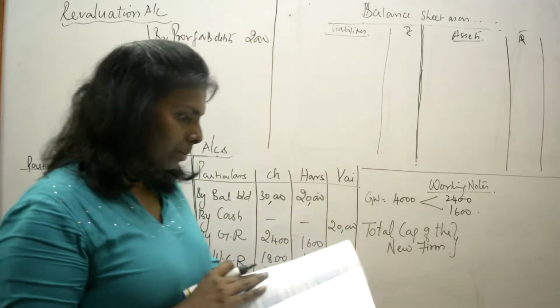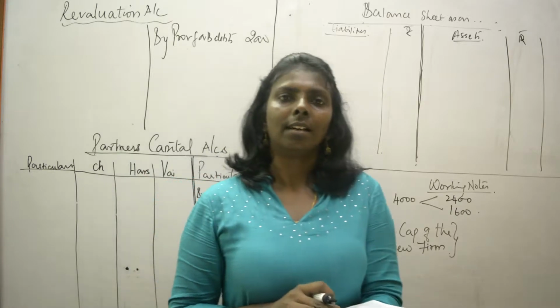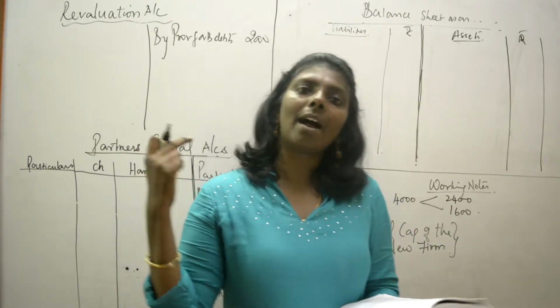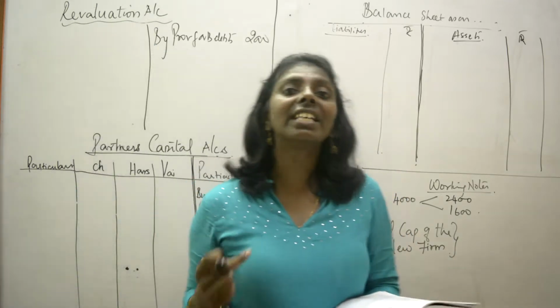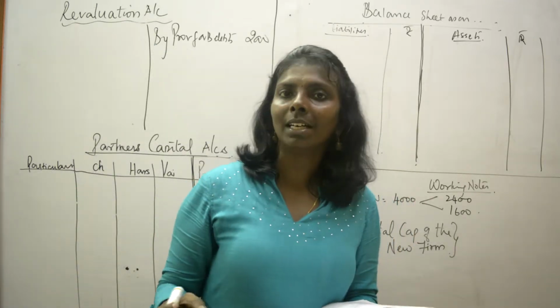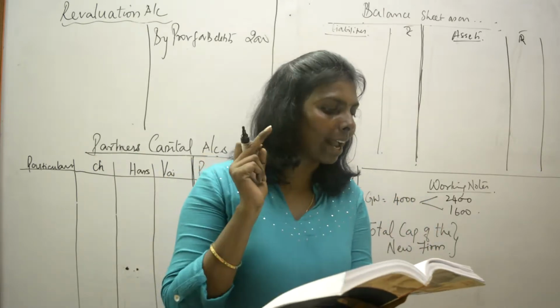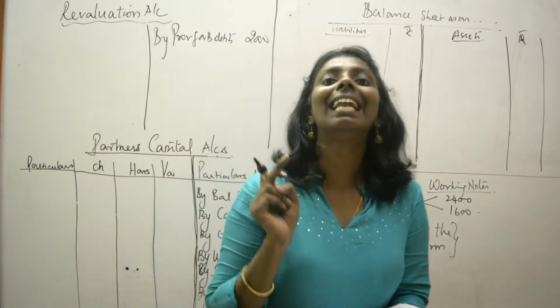The next adjustment, market value of investment was 15,000. Like we've already discussed, investment is 20,000 and market value is 15,000. So what's happened here? A 5,000 decrease in the value of investment. This decrease in value will be met out of the reserve. Do I have a reserve? Yes, I do. Investment fluctuation fund is 11,000.